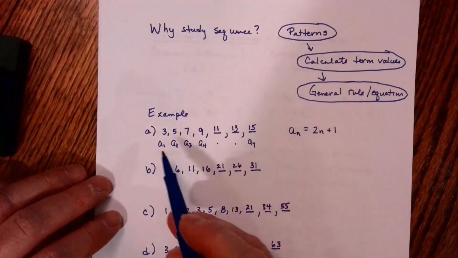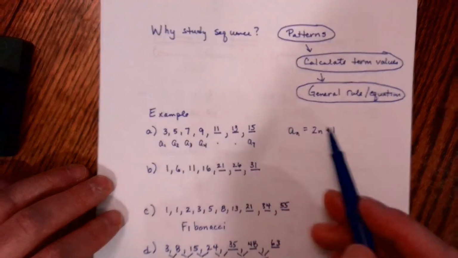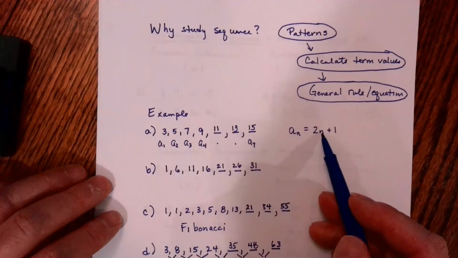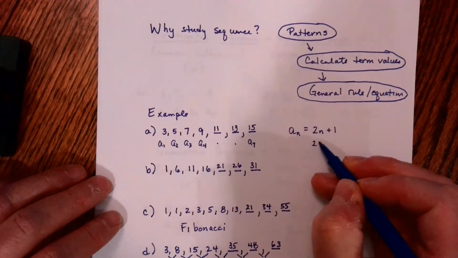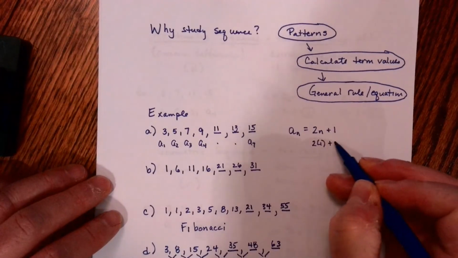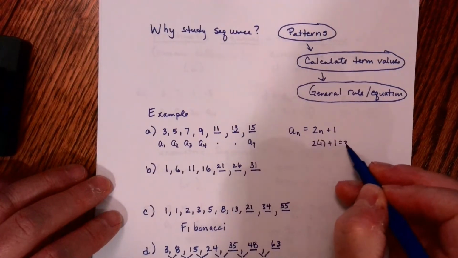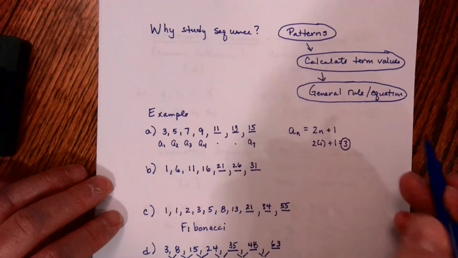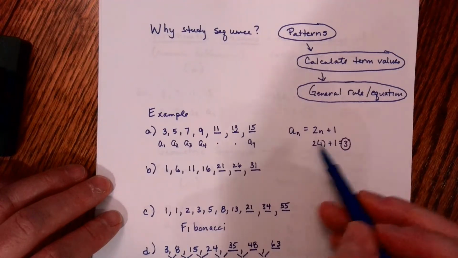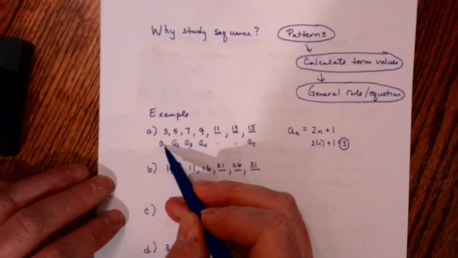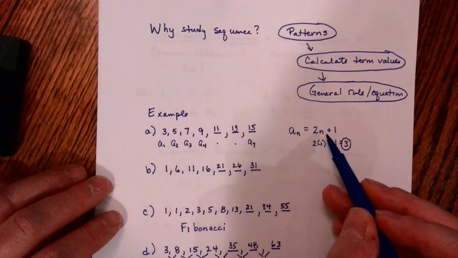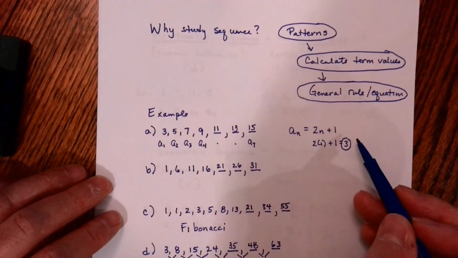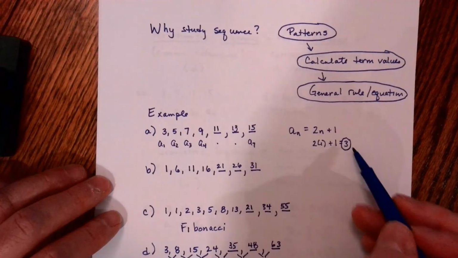If I let n equal 1, and I substitute 1 in for n, 2 times 1 is 2, plus 1 is equal to 3. As you can see, when I took an n of 1, my domain value of 1, and put it into my general form of this equation, I ended up with a value of 3.